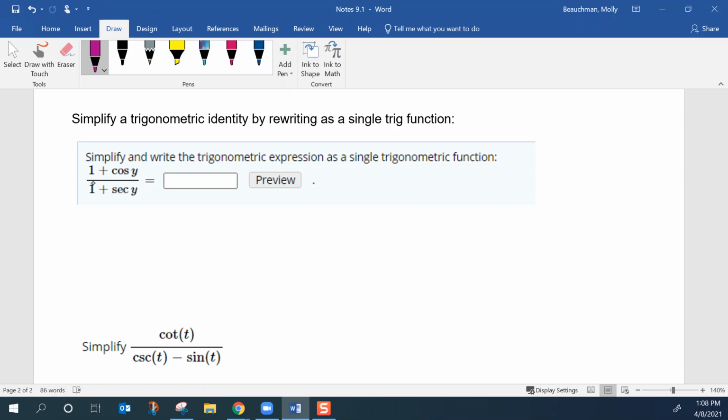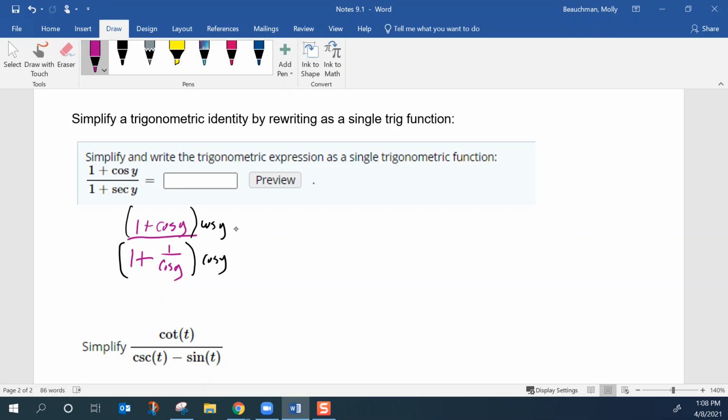So if we have 1 plus the cosine over 1 plus the secant, then we can rewrite that as 1 plus the cosine over 1 plus the secant, which is 1 divided by the cosine. Now I've got an expression with complex fractions. The common denominator is the cosine y. So we can multiply the numerator and the denominator by the cosine y to simplify the fraction.